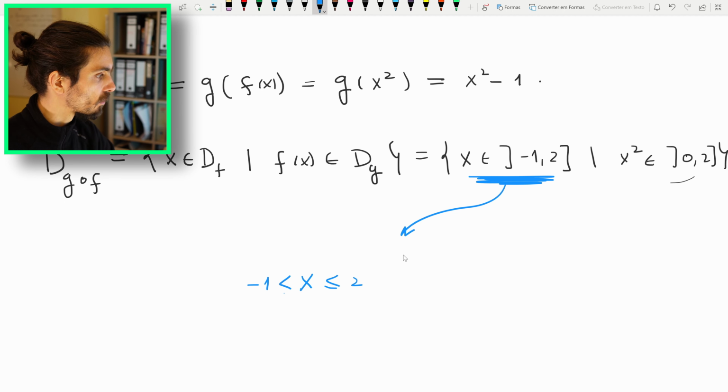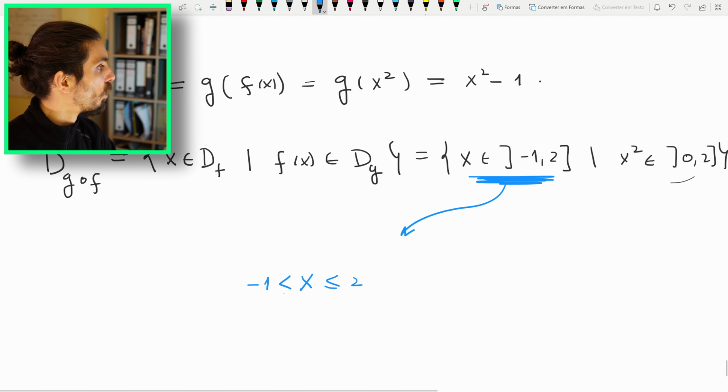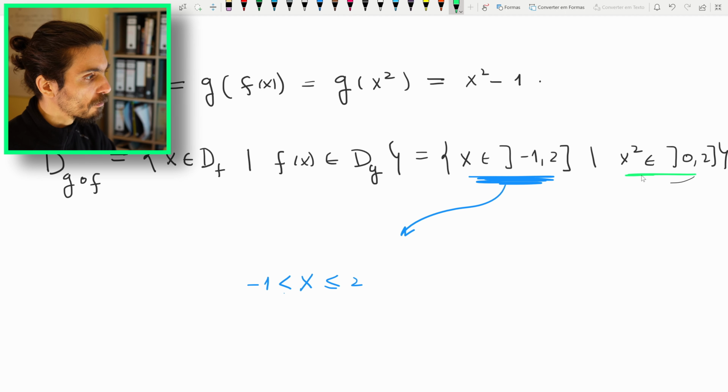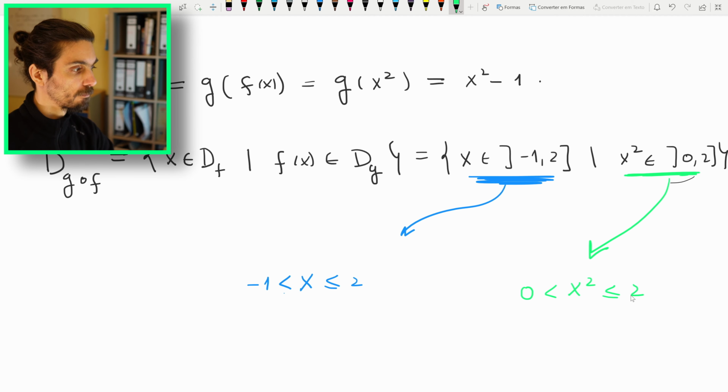So this is less or equal because it includes the 2. This is just less because it does not include the -1. To simplify this statement, well, it is analogous to this one. So it just says that x squared must be between 0 and must be less or equal than 2.